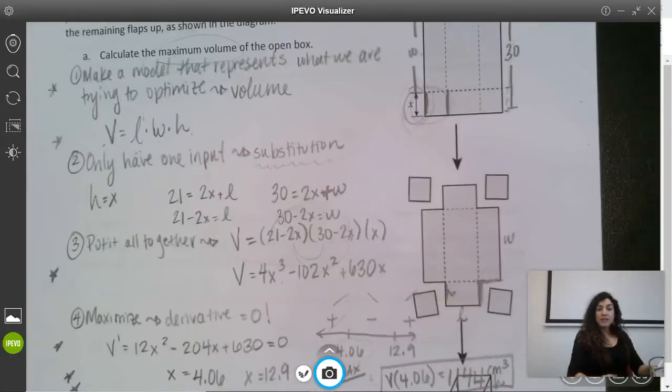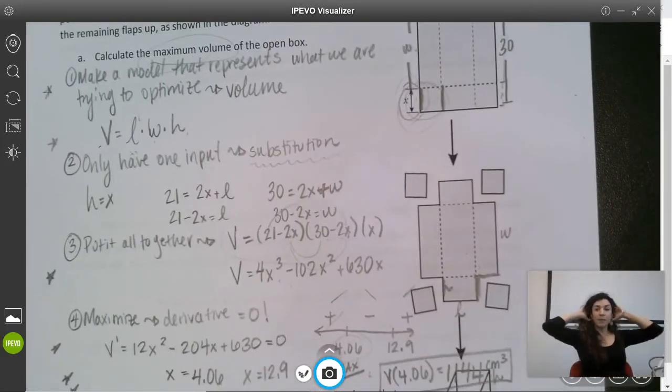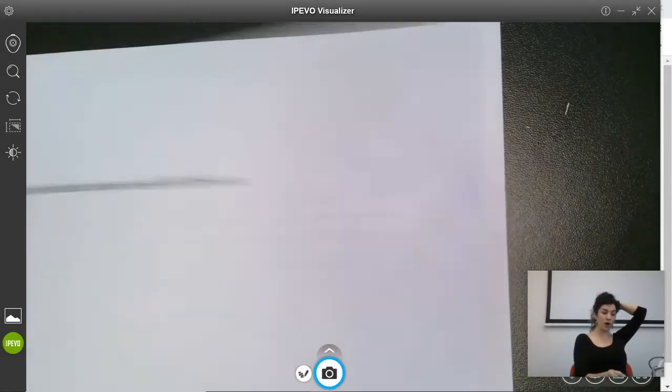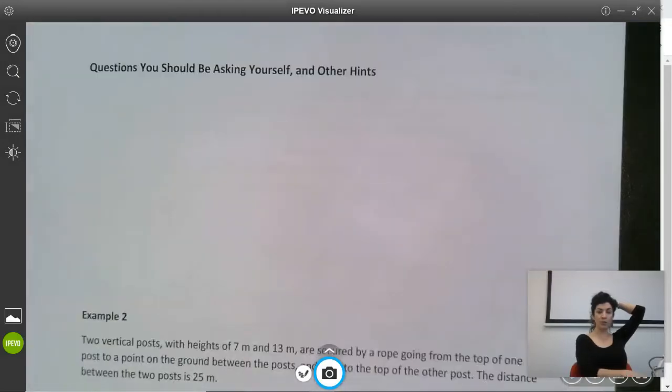So I want to break down this thought process that we had about how to create a model, how to make these equations, into questions you can ask yourself when you are going through a problem. And we're going to go through these questions for every single rest of these word problems in our notes. So just make sure to always reference back to them.